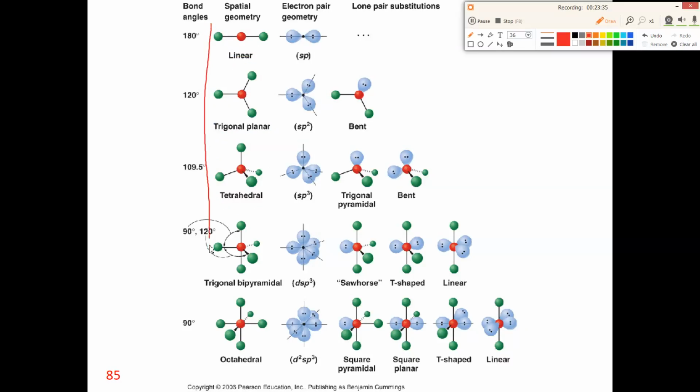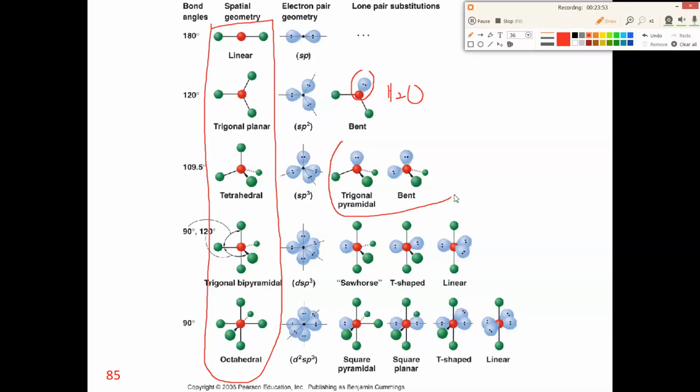Actually, all those shapes are symmetrical. So you need to have a lone pair on the central atom; with a lone pair it becomes asymmetrical. For example, we have water. Oh no, this is not water. Water is this one. This water has two lone pairs, so it becomes asymmetrical because of the lone pair substitution.